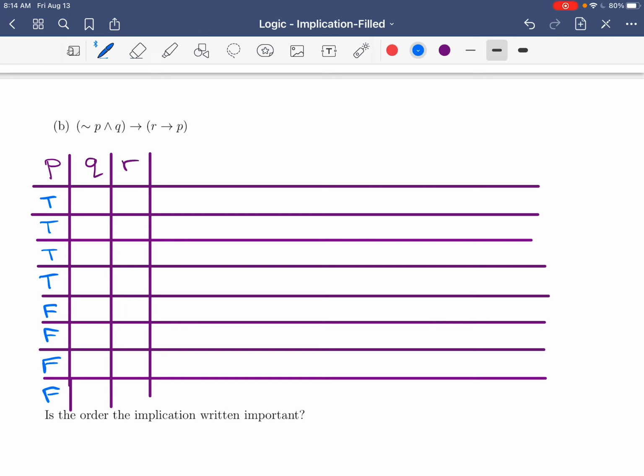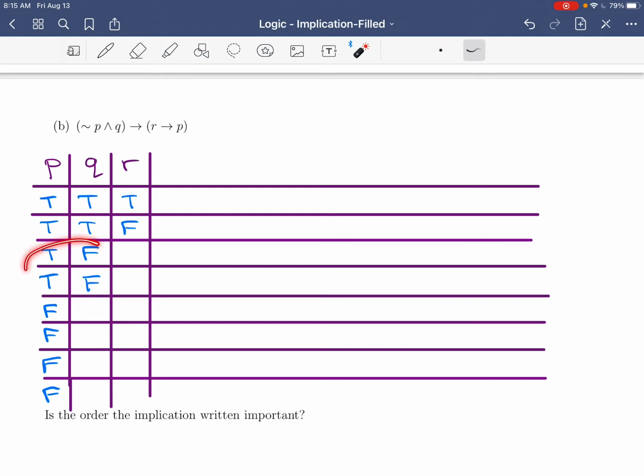And then for each of these halves, I'm going to split it in half, and I'm going to have Q true and Q false. So why did I do that? Why do I have 2 rows where P and Q are both true? Because R could be true or false there.